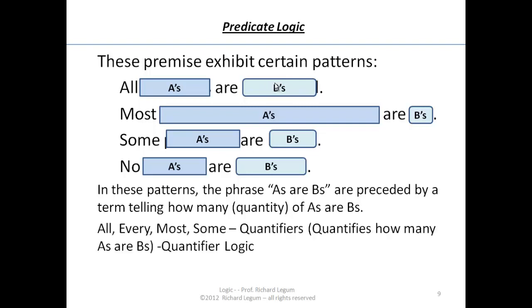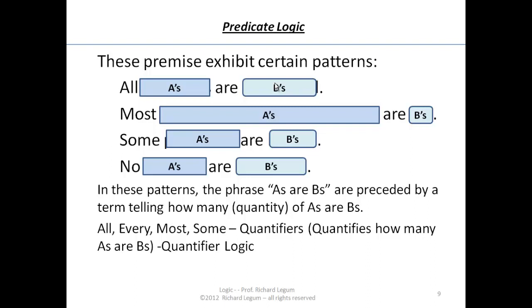So notice the words that are kind of having the logical force here are all, sometimes every, most, some. Well, we call these words, or we call the logic dealing with these words, quantifier logic, because these words are quantifiers.